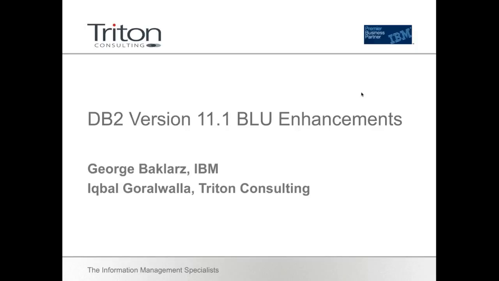The other takeaway was for both WSE and ESE, not the advanced edition, but your normal editions. You have federation included, you have encryption included, and you also have pureScale included. And this is the 2-node option that George talked about, with the second node being used as an admin node.